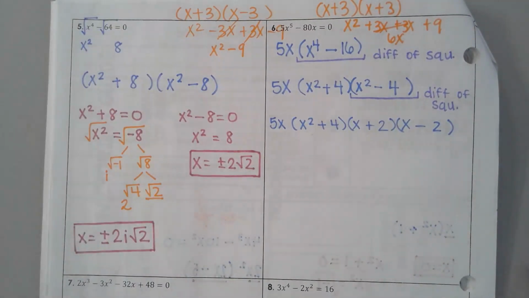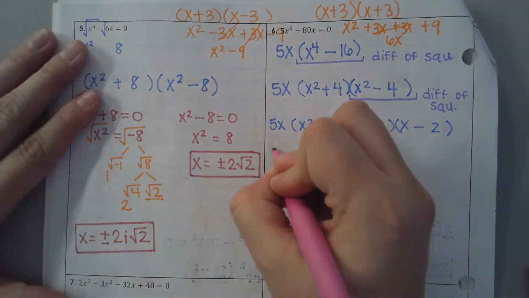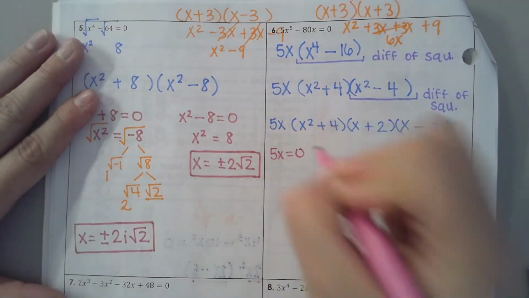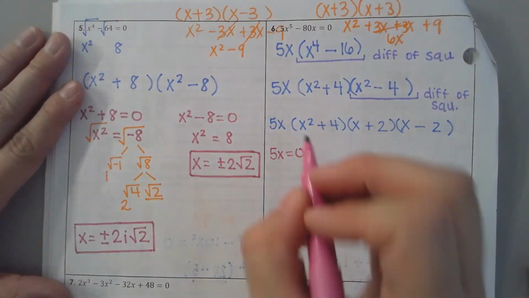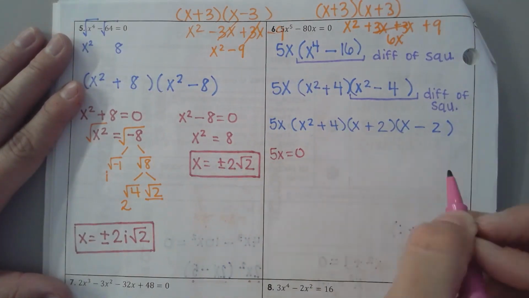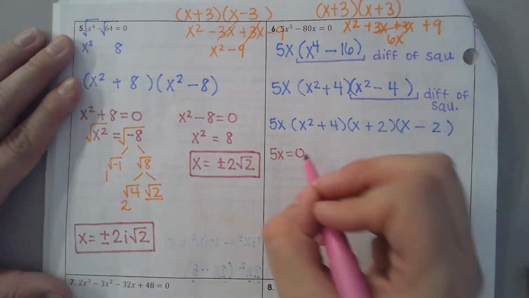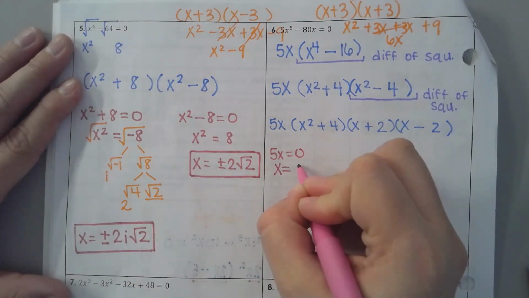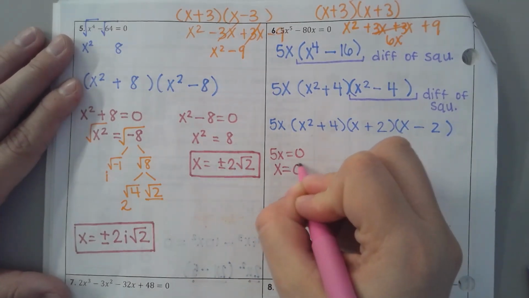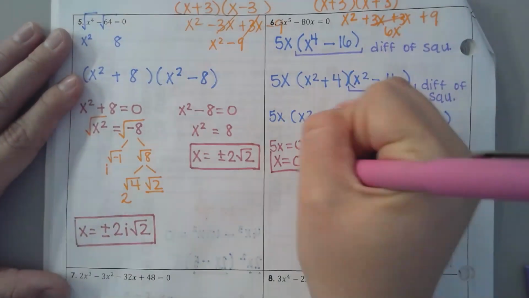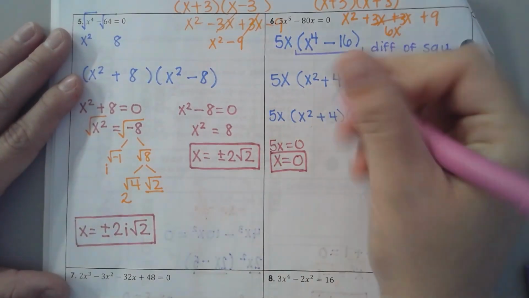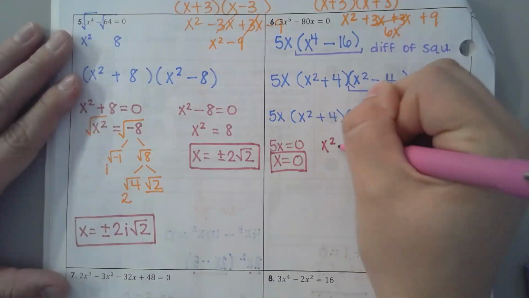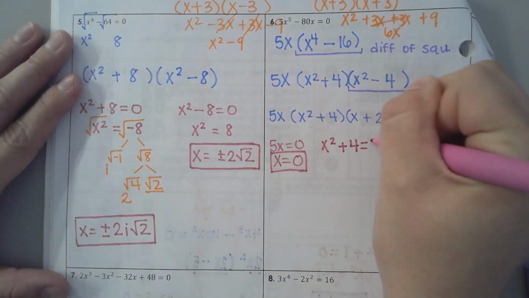So if we take each factor and set it equal to 0, we have 5x equals 0. So x equals 0. 0 divided by 5 is 0. We have x squared plus 4 equals 0.